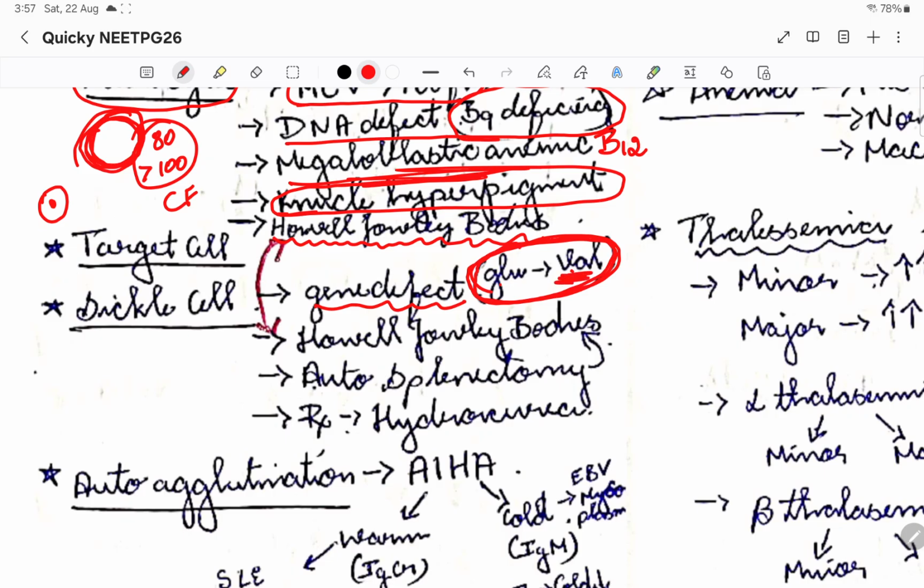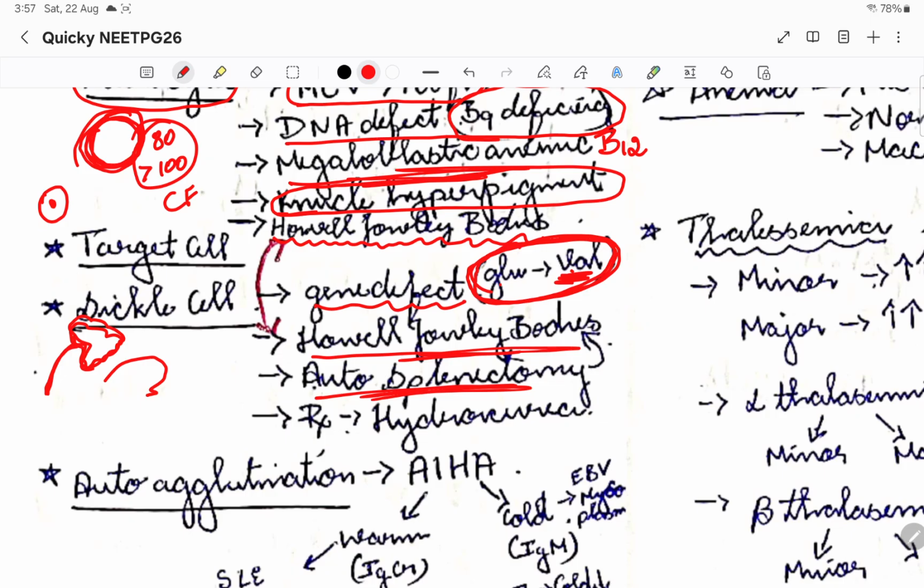Okay. So here also we can see Howell-Jolly bodies, just like megaloblastic anemia. Howell-Jolly bodies can be seen in both of these. Remember that here autosplenectomy is happening because all the cells are sickle shaped. So they will destroy the endothelium and all the structures in the spleen.